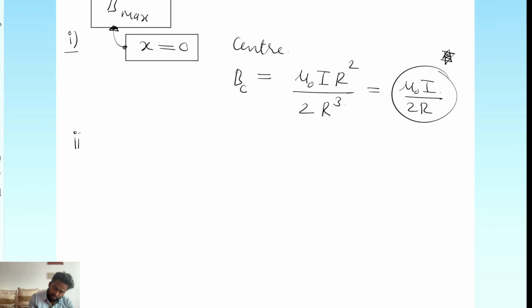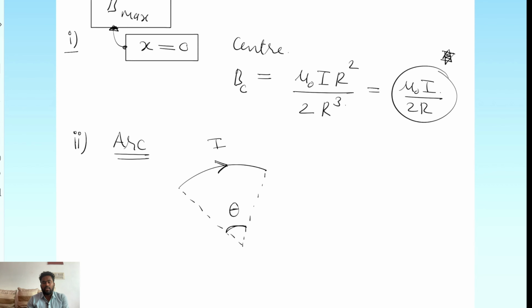Second point, if it is not a circle but an arc of a circle, for example, if it is this much of a circle which is carrying current, not a complete circle but a part of a circle, such that it is subtending angle theta at the center. So here the magnetic field will become how much?